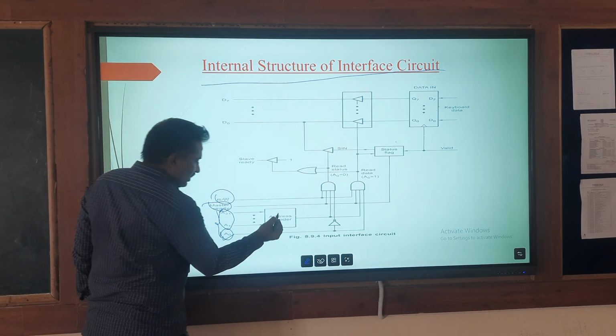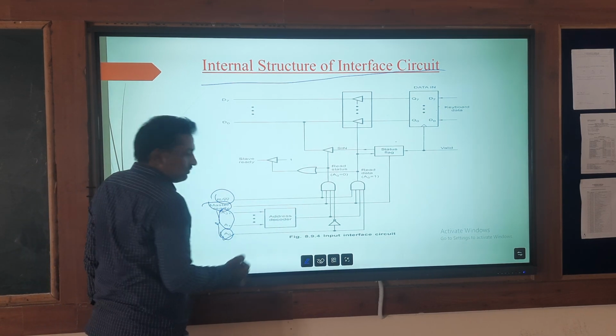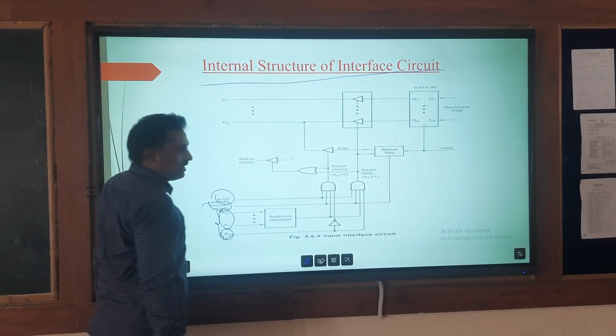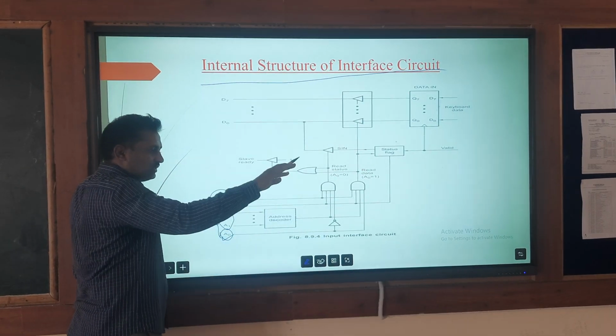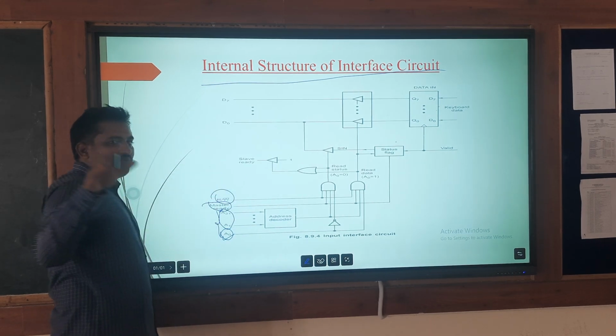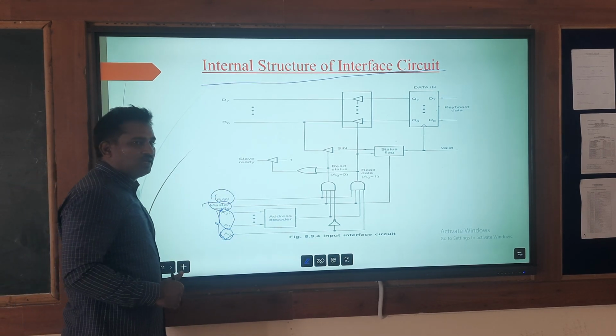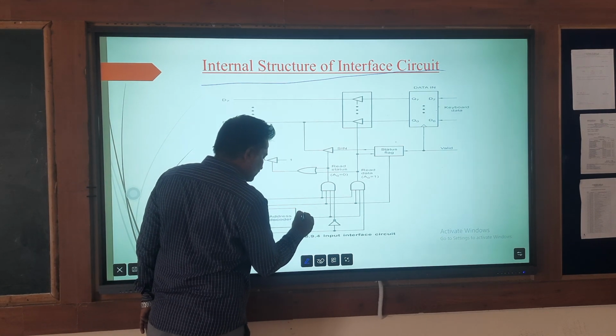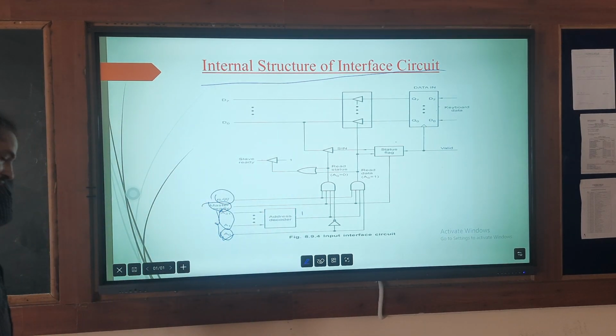See this one here. This is the address decoder. Initially, the master places the address on the address lines so that the slave device decodes that address. One of the slave devices will recognize that address. So I am always assuming the address decoder output is equal to 1.